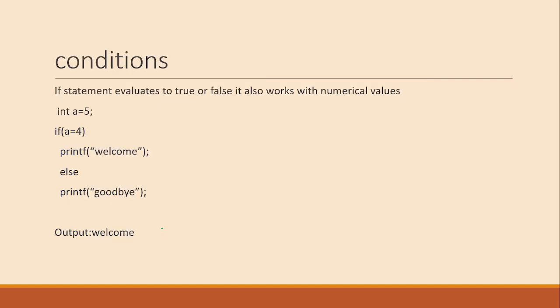Now the condition here: an if statement evaluates to true or false, and it also works with numerical values. That means I can simply assign a numerical value instead of a condition. So in this case, A equal to 4. A equal to 4 is not a comparison operator, because for comparison we have to use two equal signs. Here I am using only one equal sign, which is the assignment operator. That means A takes the value 4.